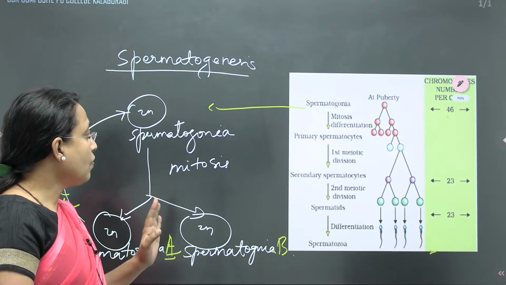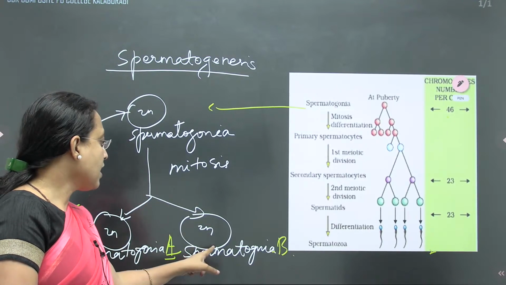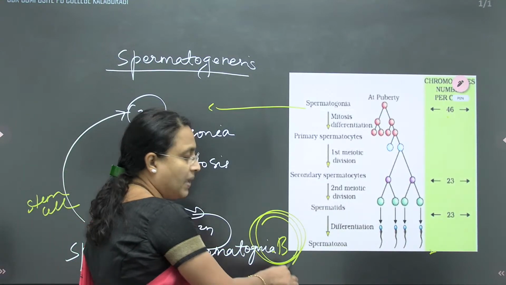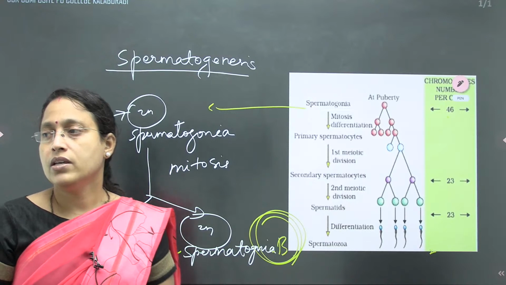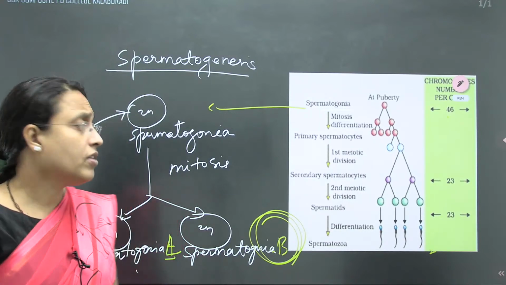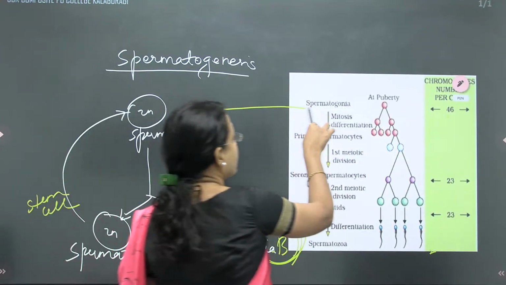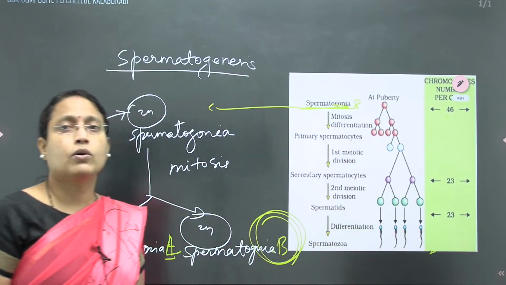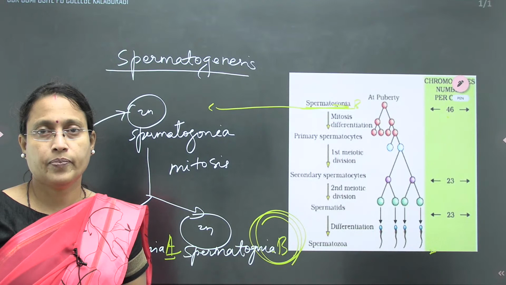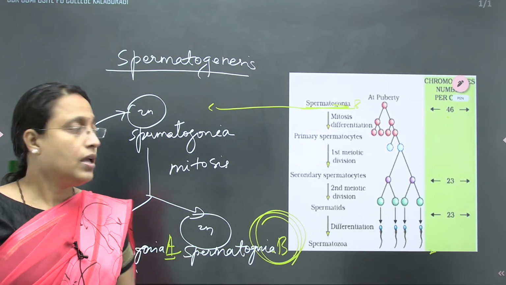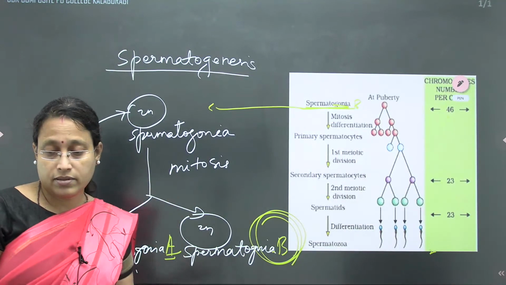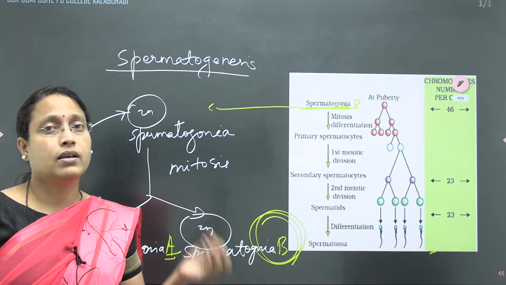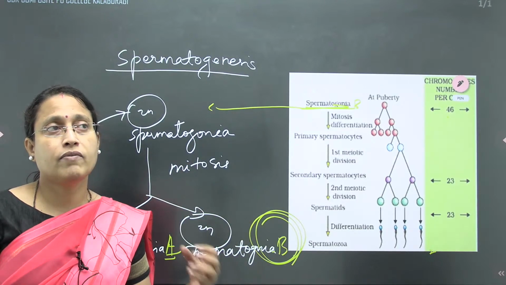Now, finally, which cell can form sperm? Spermatogonia B can form the sperms.